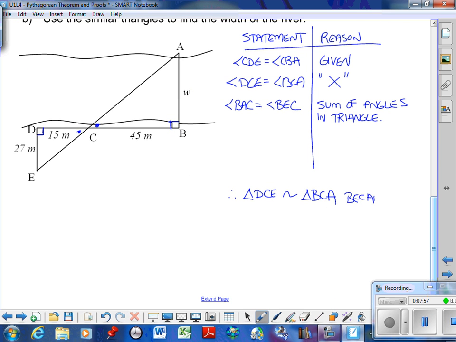There are different theorems out there, so I just want you to get into the habit of giving the reason. Because of the angle theorem, I'm just going to add that in down here: AAA, three angles equal.